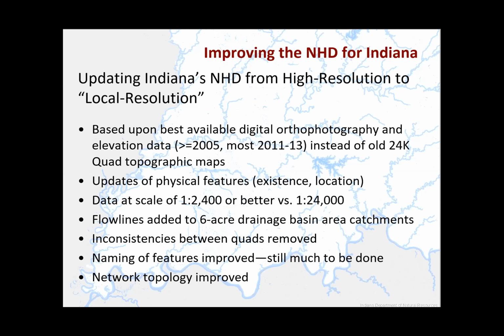We'll see the results of that decision here in the next few slides. But just redoing all the inconsistencies between the quads and some of the network topology, improving that, which is a real key feature of need to use this for hydrologic modeling and such. So next slide.